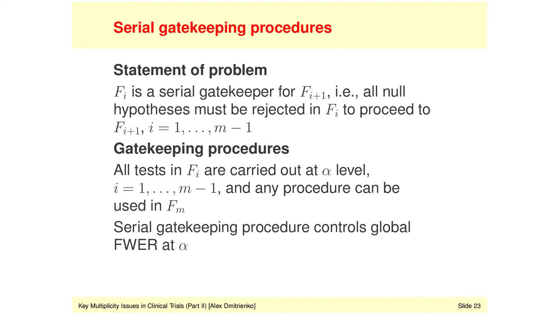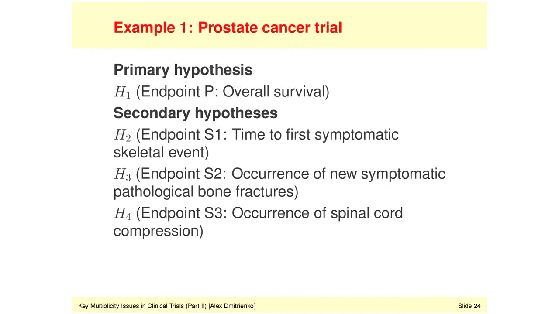As a quick illustration, we're going to return to example 1 based on the phase 3 trial in patients with prostate cancer that was introduced in module A. And just to refresh our memory, in this example, the primary hypothesis was based on overall survival, and it was accompanied by 3 predefined secondary endpoints that are denoted on the slide by S1, S2, and S3.